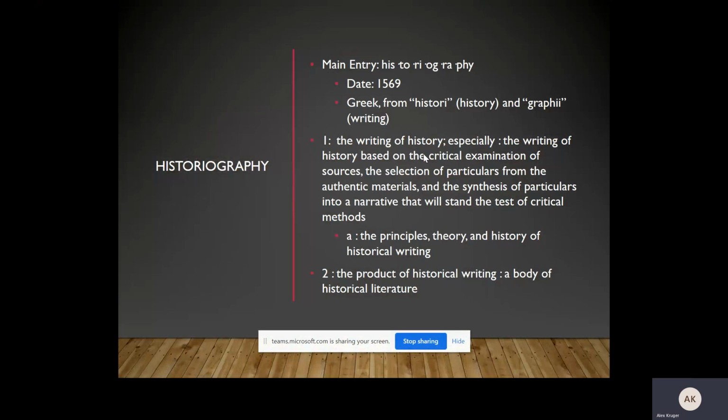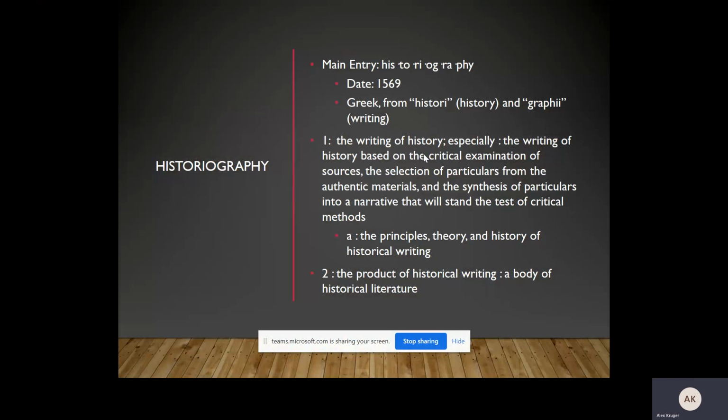Well, graphy is study. That's why you get geography. Geo is the world, graphy is the study of it, so it's the study of the world. History, obviously I just told you what history is. So historiography would be the study of history.